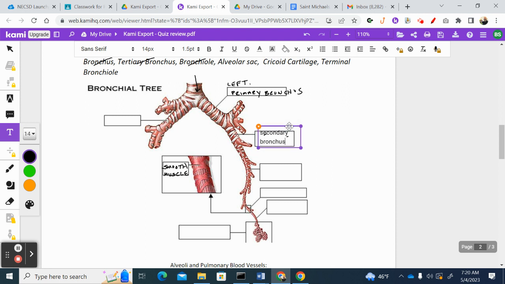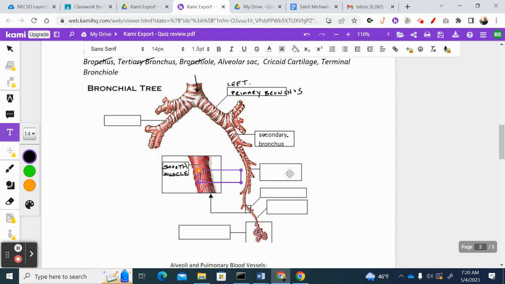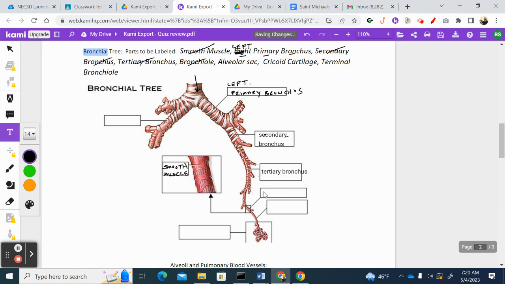Secondary bronchus. And then we've got tertiary bronchus. Come on. Now we've got bronchioles. Oh, it doesn't like to give me a text box.